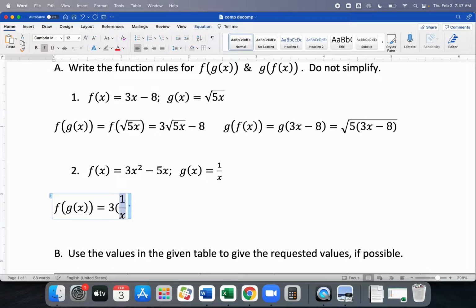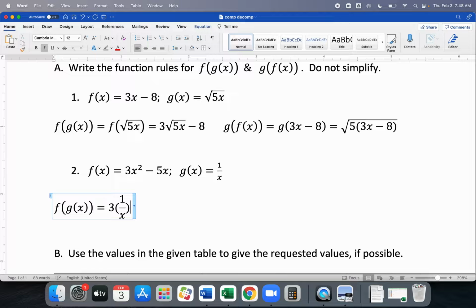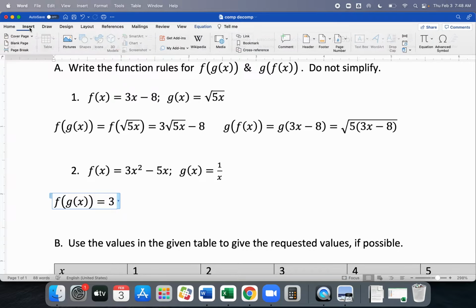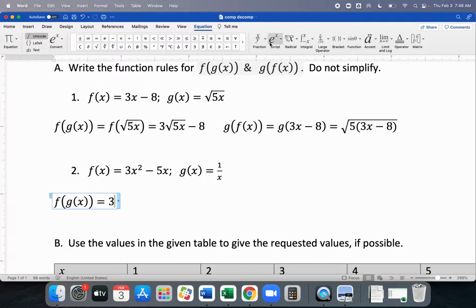Ooh, no, it looks like a mess. I'll copy and paste. But yeah, this 1 over x would get squared, and apparently it doesn't like me copy and pasting little fractions. I'm going to have to do this the hard way. All right, let's see.